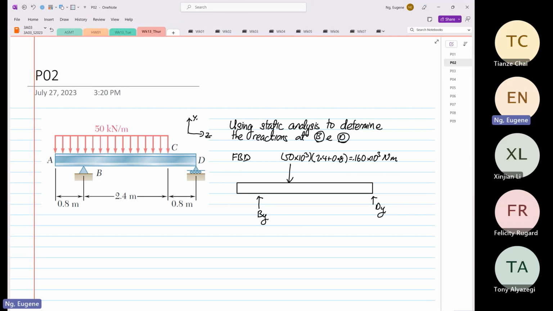I'll do it again, 2.4 plus 0.8 times 50 times 10 to the power 3, 160.